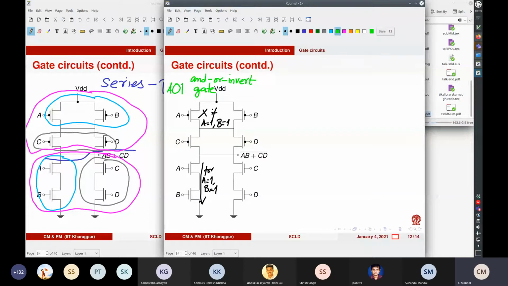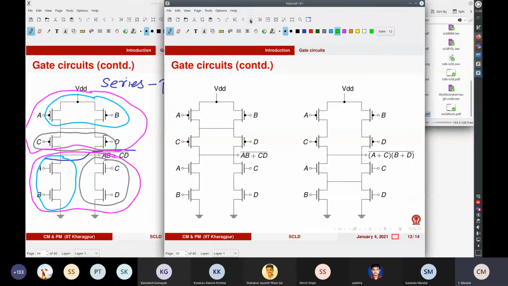All right. So let us look at the next one. So this is, as you can see, an OR and invert gate. Okay. This is an OR and invert gate. This is AND or invert. This is OR and invert.